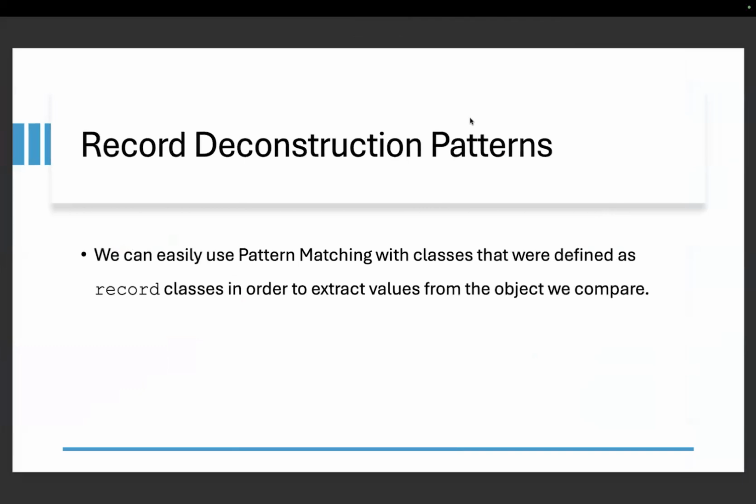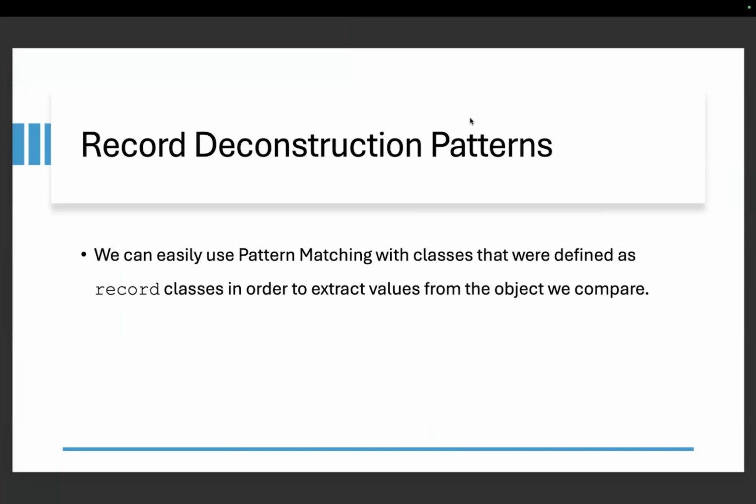Okay. Now, using record classes is very efficient when using pattern matching in Java, because we can define record classes and then easily extract values from objects that were created from those record classes, and the entire code becomes simpler.